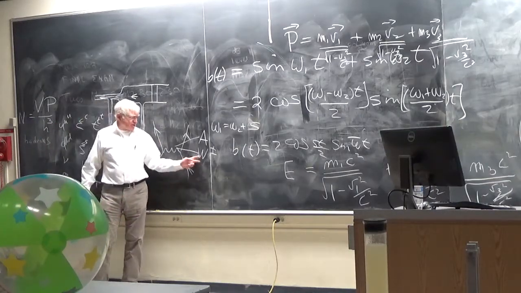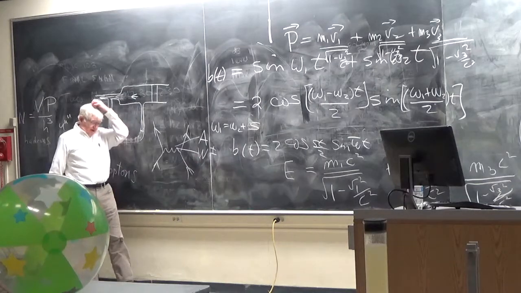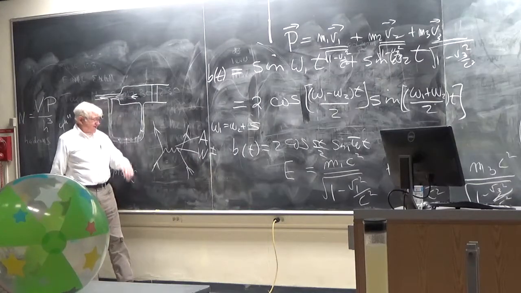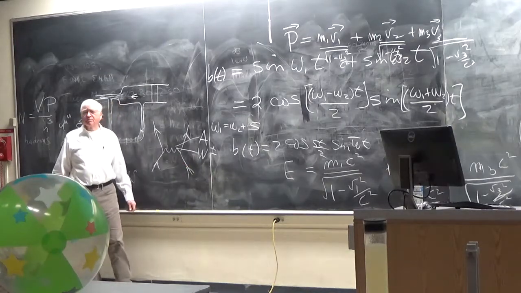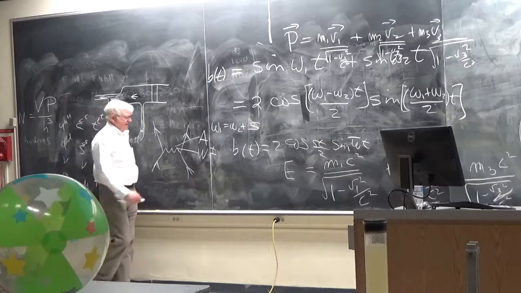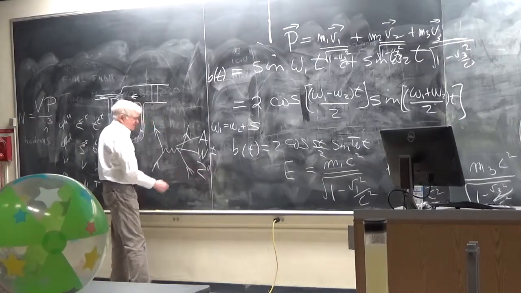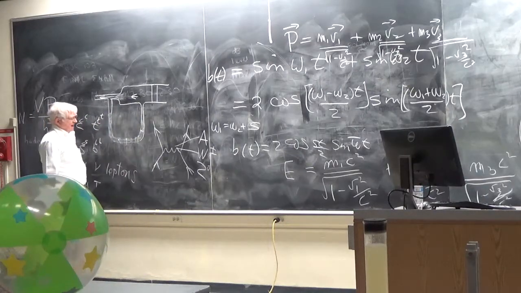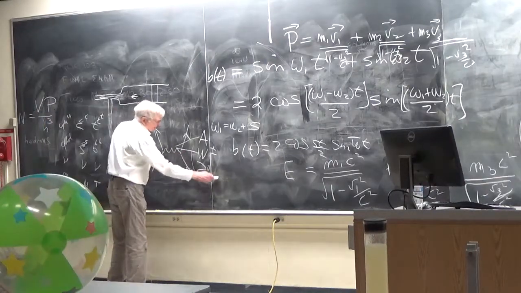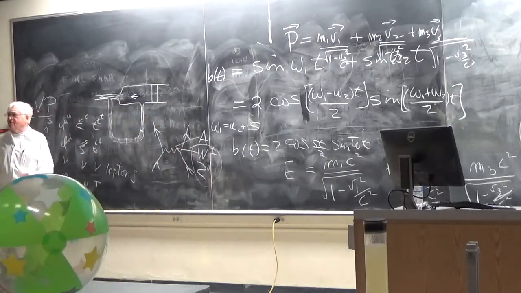The W's, though, are very, very heavy, so they have a mass of maybe 100 proton masses. And then the Z, which is neutral, is even heavier than the W, maybe 110 proton masses. And so when they exchange a W or a Z, these interactions are short range.